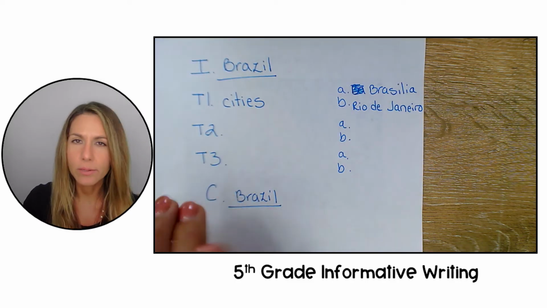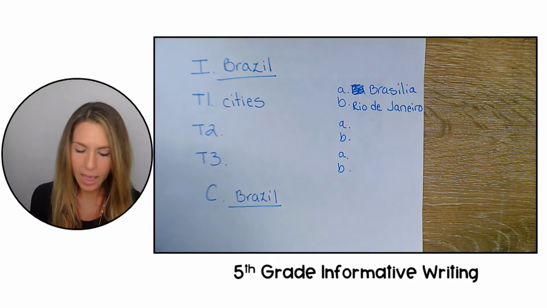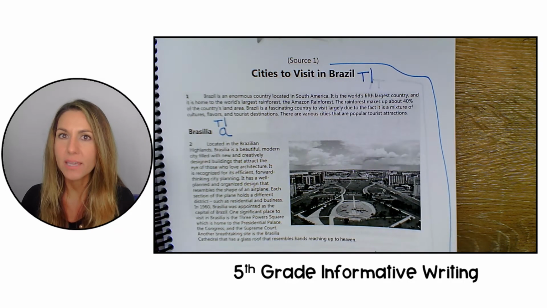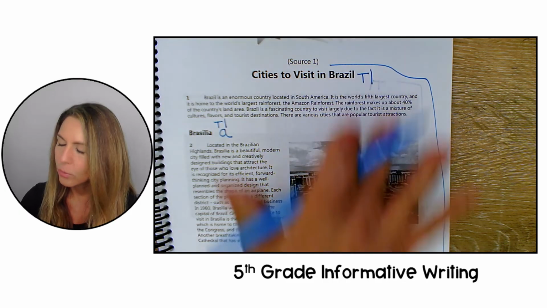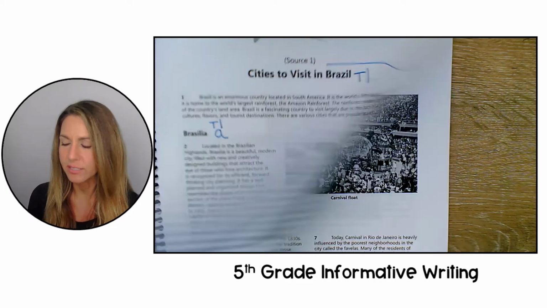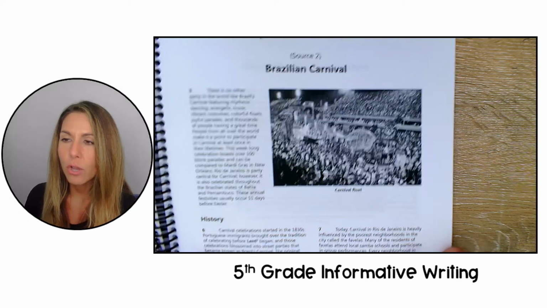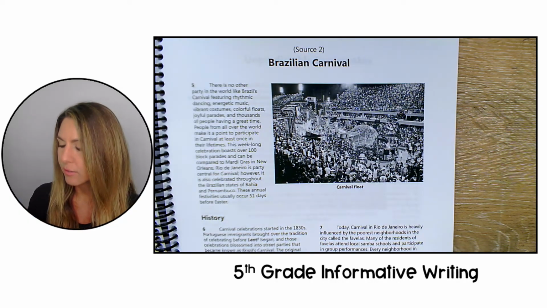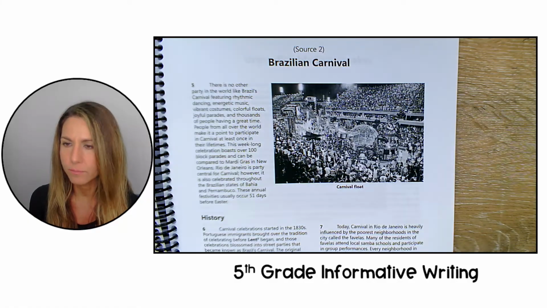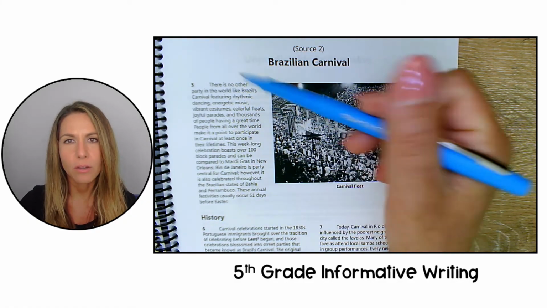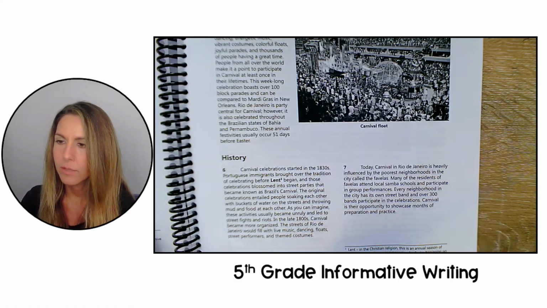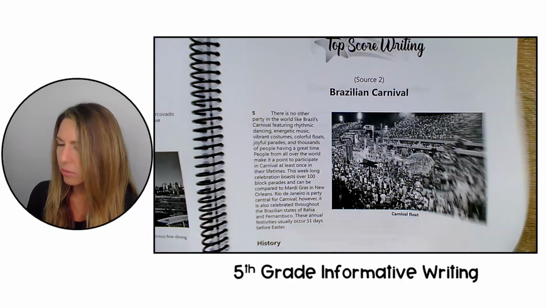Okay, so we have T1 decided on. Let's do T2. I need another big topic for T2. Well, since I'm going to talk about cities so much in T1, let's pick something totally different for T2. When I go to my second article, I notice it's on Brazilian Carnival. There's kind of this overview paragraph about Carnival. Then it goes into the history of Carnival.